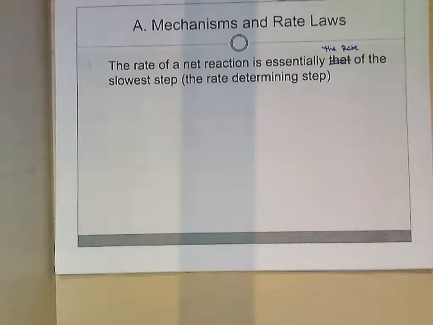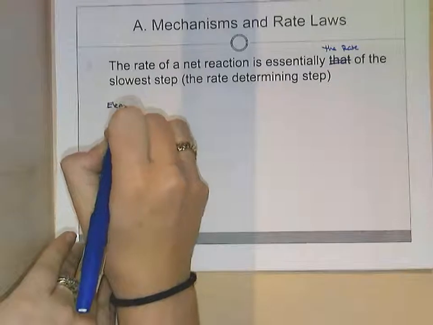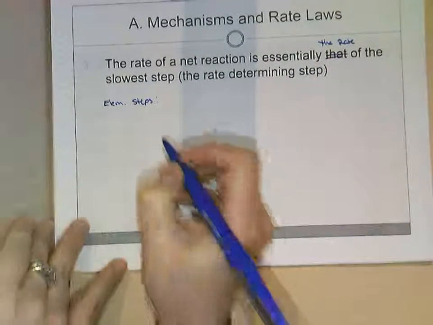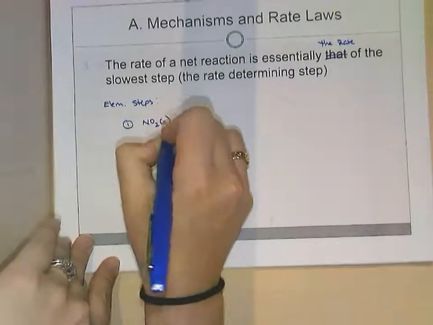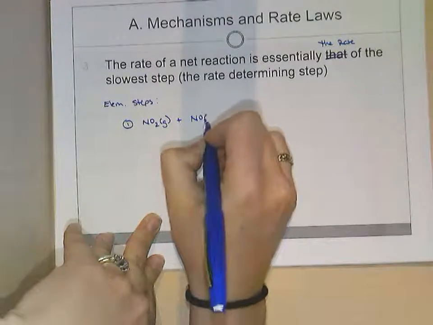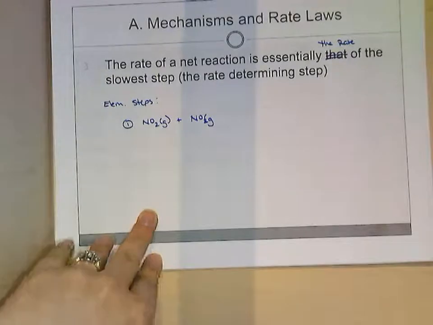So let's say I have these two elementary steps. That should be a 2, I wrote over my 2.